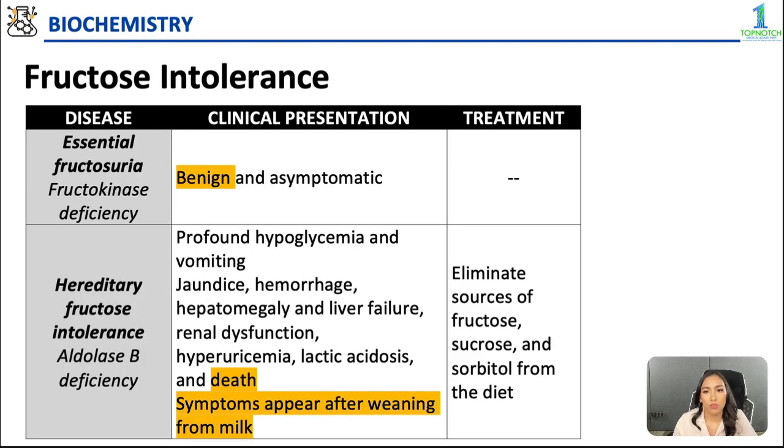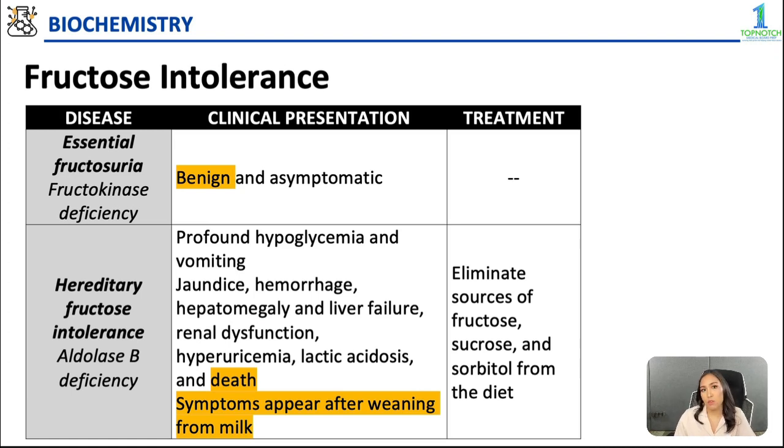Okay, so let's look at fructose intolerance. So essential fructosuria is because of a fructokinase deficiency, and it's typically benign and asymptomatic. While hereditary fructose intolerance is due to an aldolase B deficiency. So medyo mas toxic to dahil may profound hypoglycemia, jaundice, hemorrhage, hepatomegaly, liver failure, and sometimes even death.